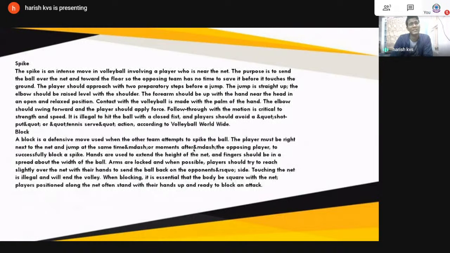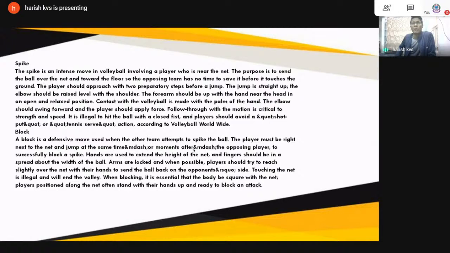So once again, we are seeing a spike, which is an aggressive hit that is made in a volleyball game. The players at the front row have an opportunity to make a spike. The moment a ball is set for them by their teammates, they will jump as high as they can at the net.